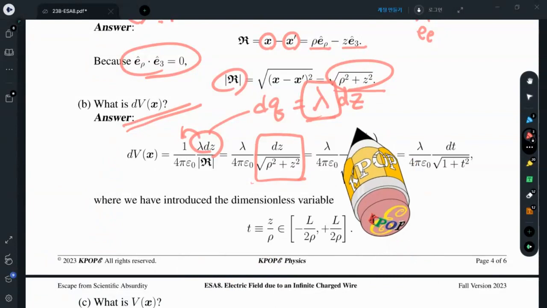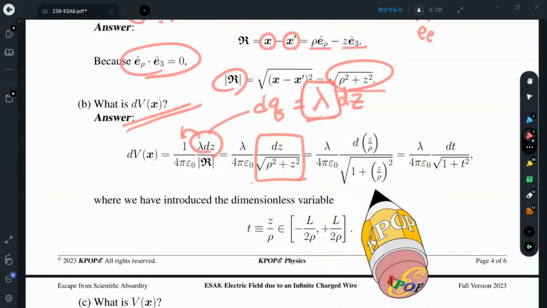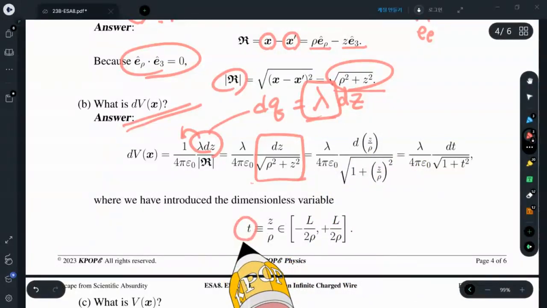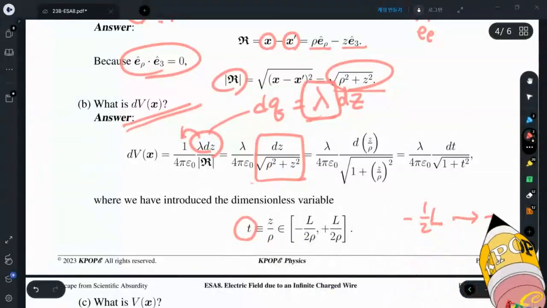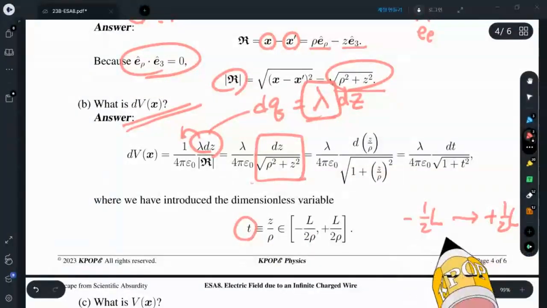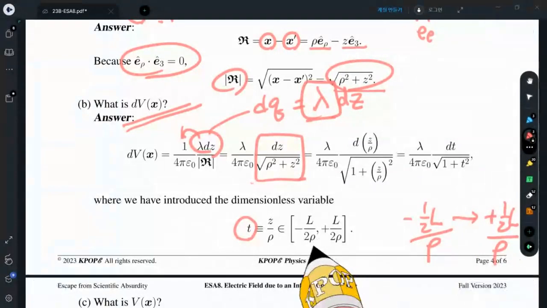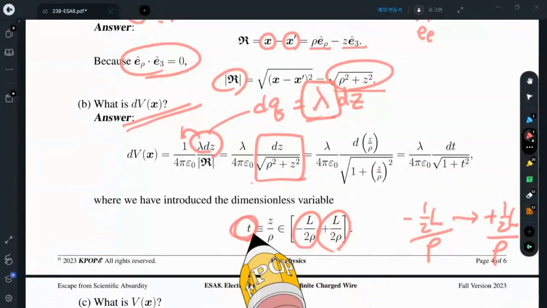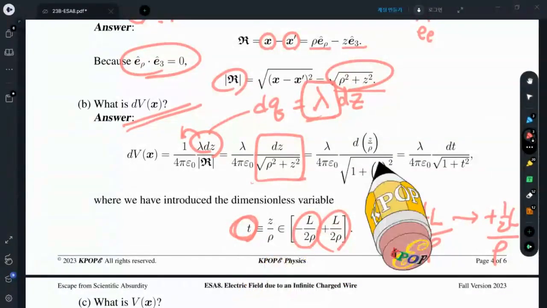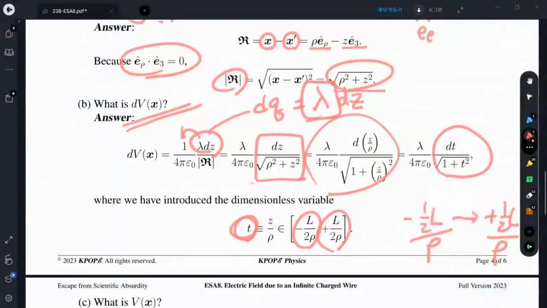So I'd like to convert this differential form into a function of a dimensionless variable, and we know z runs from minus 1/2 of L to plus 1/2 of L. We divide this by the planar radius rho, and this is the range of this dimensionless parameter. This is a pure number. So this is the physics. Now it becomes a mathematical problem.